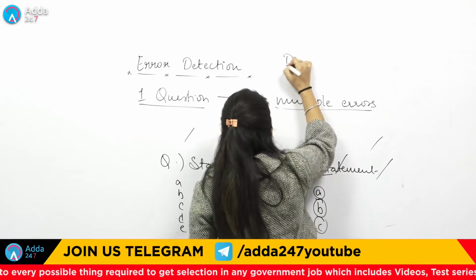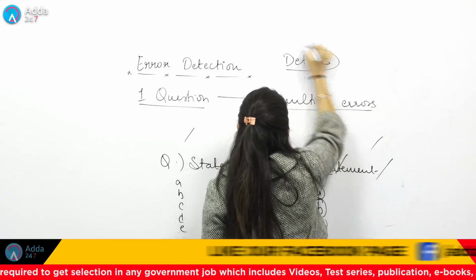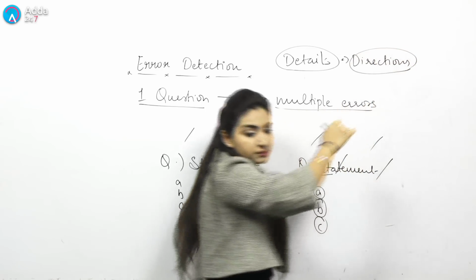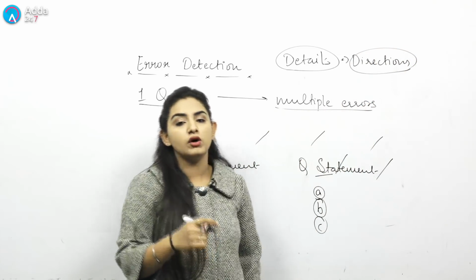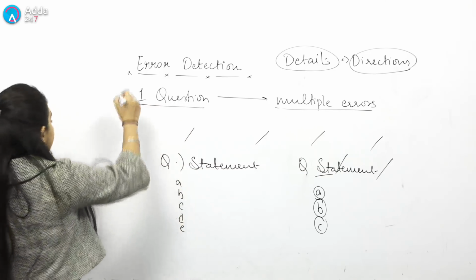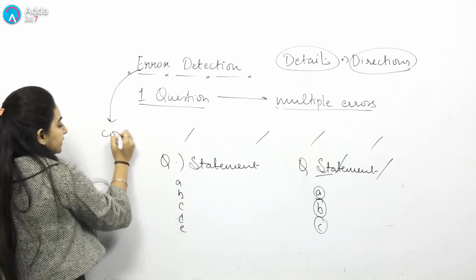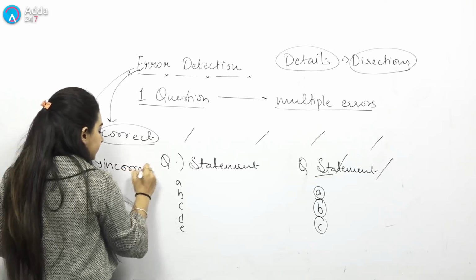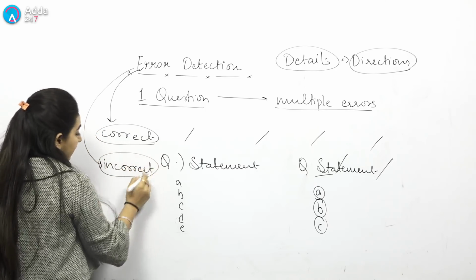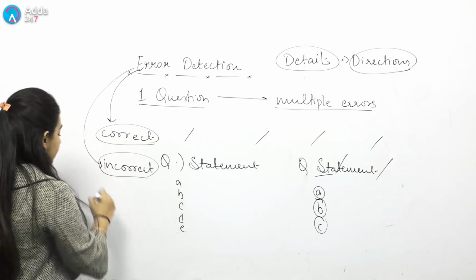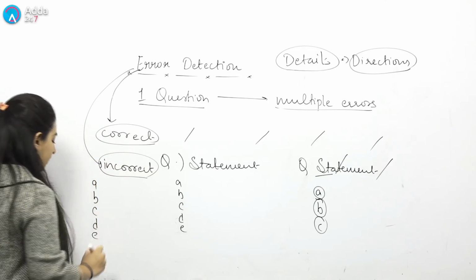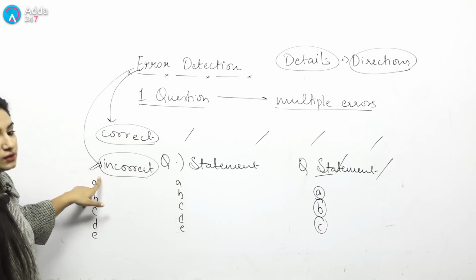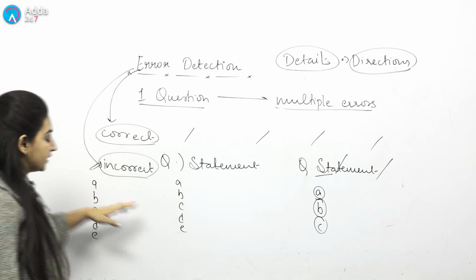What will help you out here is your details, or you can call it directions. जो डायरेक्शंस लिखे होते हैं वही आपको यहाँ पर हेल्प करते हैं कि आपको क्या सॉल्व करना है और कैसे डील करना है इसको, right? Maybe it's not necessary that they only ask you the correct sentence. There might be a question asking you the only incorrect sentence in it. ऐसा हो सकता है कि आपसे correct sentence ना पूछ के you have 5 options and you have to select one option which is incorrect. आपको वो select करना हो सकता है जो incorrect हो, जो सही नहीं हो. पहले generally correct पूछता है, हो सकता है incorrect का भी option आ जाए.